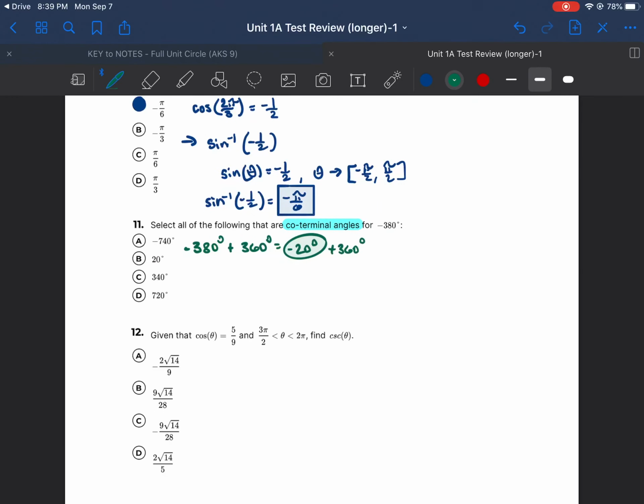So negative 20 plus 360 is 340 degrees. I'm going to continue to add 360 degrees, because notice that some of our answer choices go up as high as 720 degrees. So 340 degrees plus 360 degrees, we'll use a calculator to add those together, and that should give us 700 degrees.